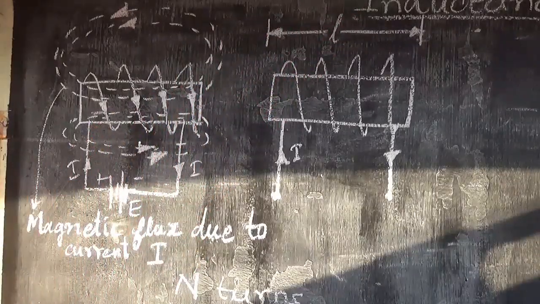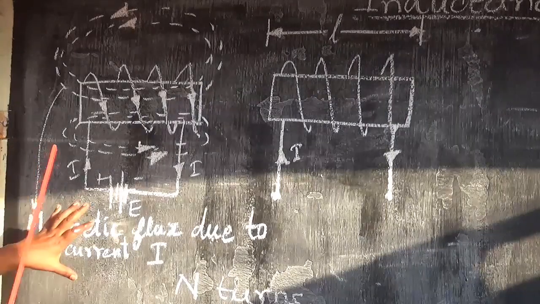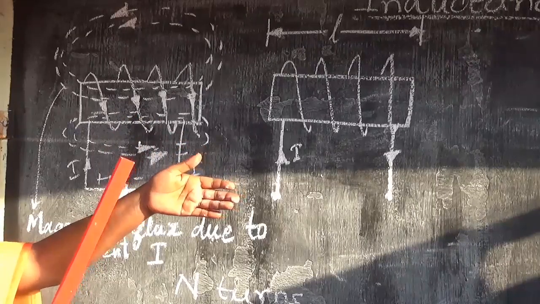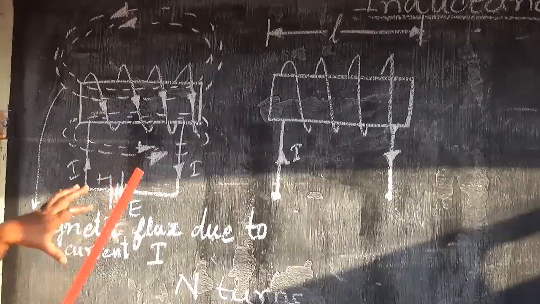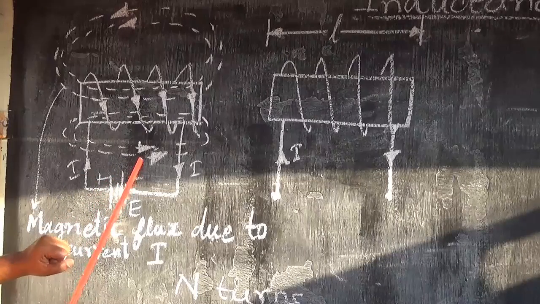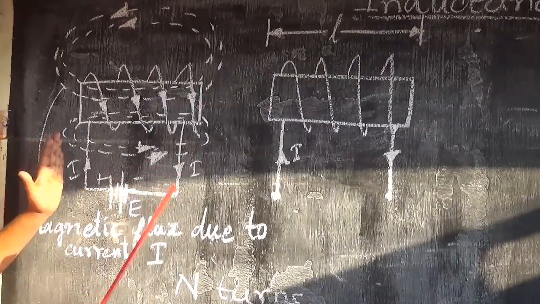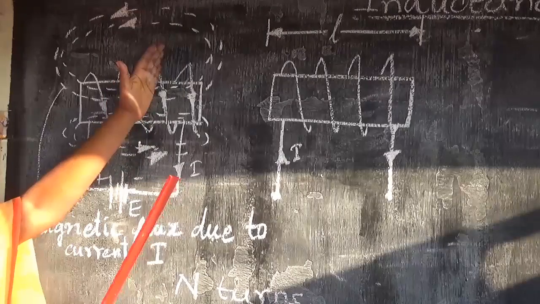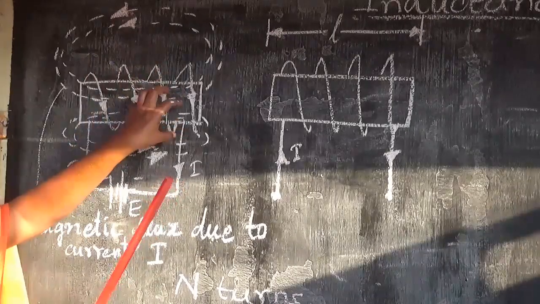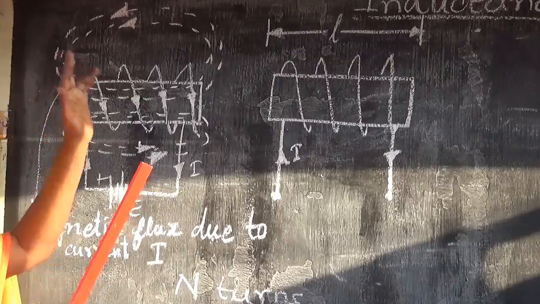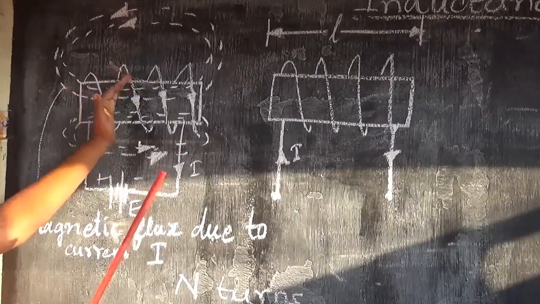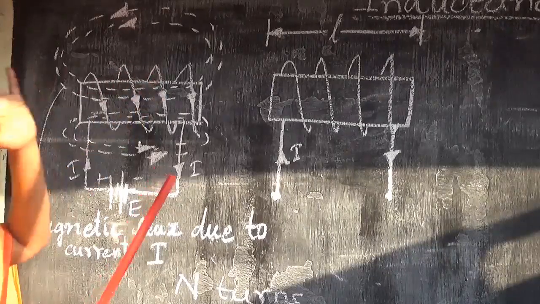Afterwards we will encounter the topic called mutual inductance. So what does self-inductance mean? By the current flowing through the coil, some flux will be produced, and that flux will link with the coil itself. That is the reason it is called self-inductance.